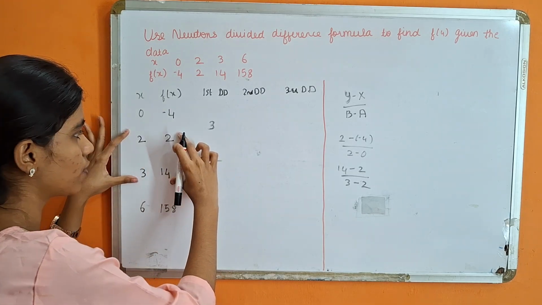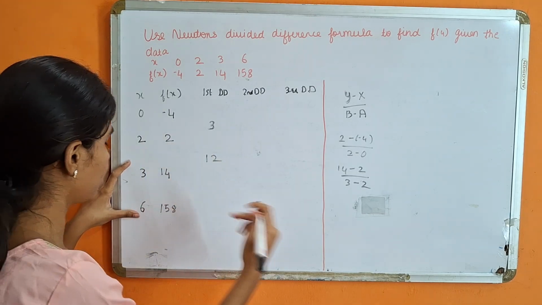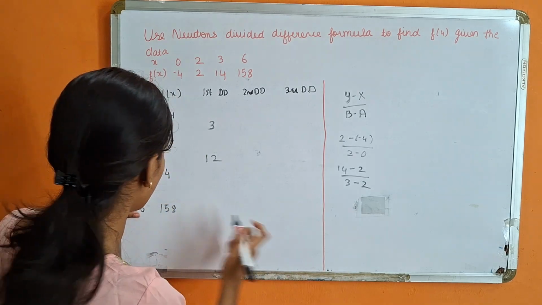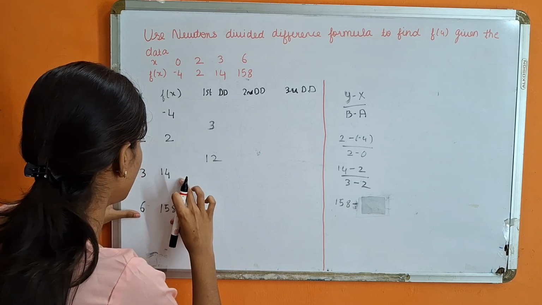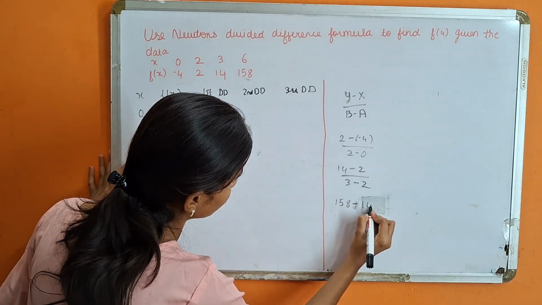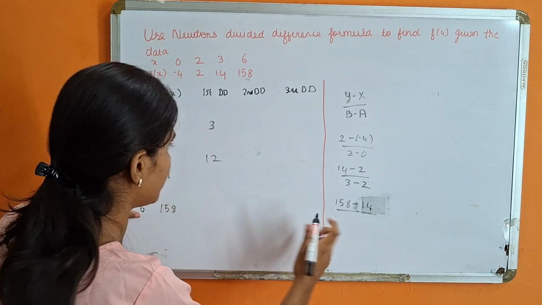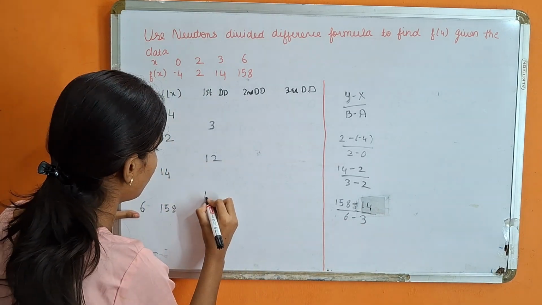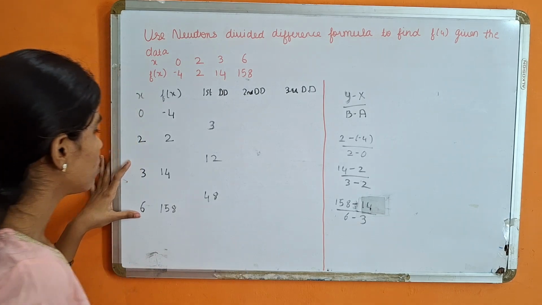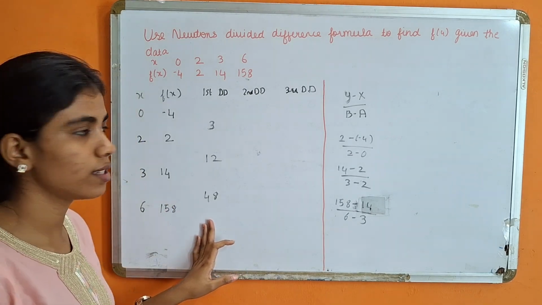Now when you're done with these, you consider the next 4 terms. What is your y? It is 158 minus your x, 14, divided by 6 minus 3. So your value is 48. I hope how we got this answer is clear.